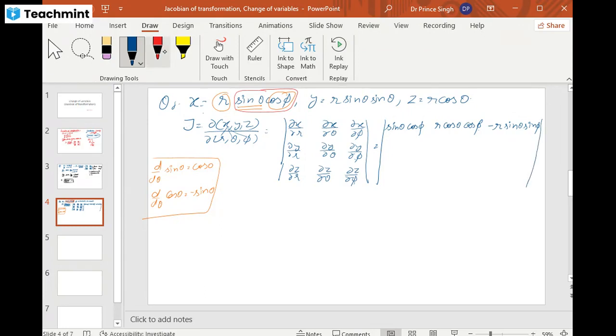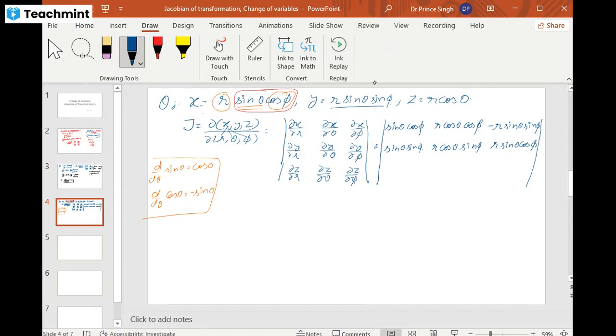Similarly, now when we differentiate y with respect to r, this is sine theta, sine phi. Let me correct this, this is not theta, this is phi. And if I differentiate with respect to theta, this is r times cos theta sine phi. And if I differentiate with respect to phi, this is r times sine theta cos phi.